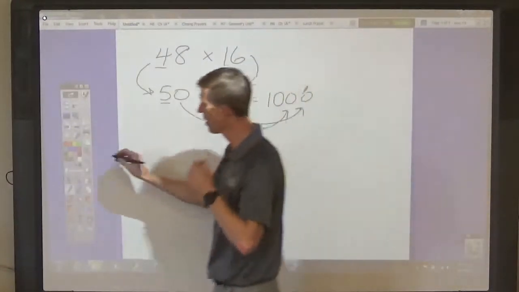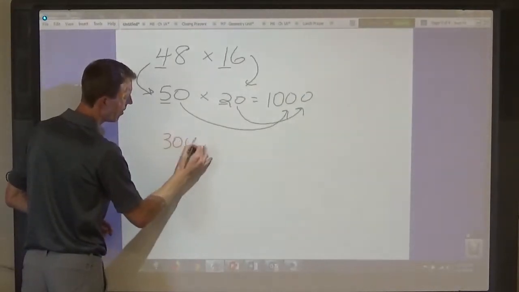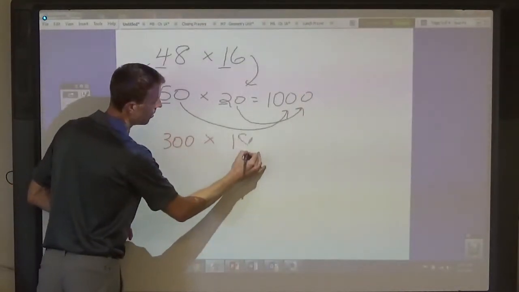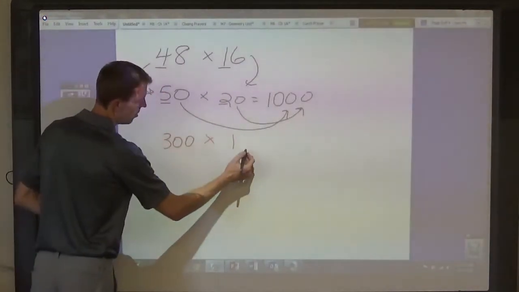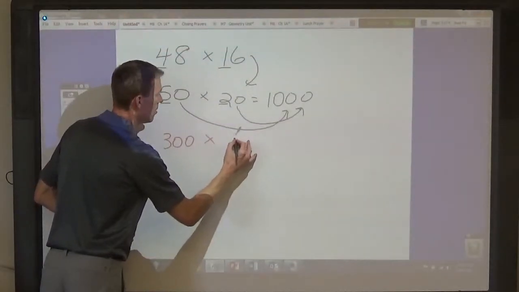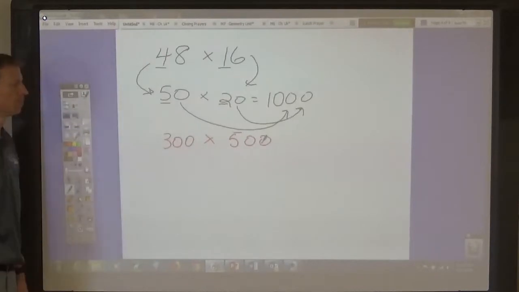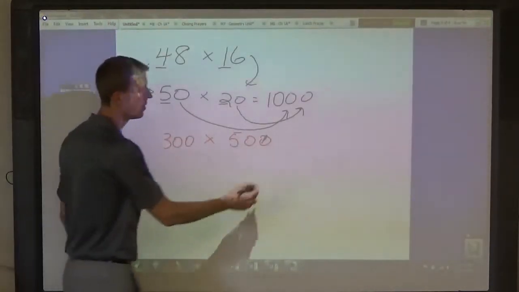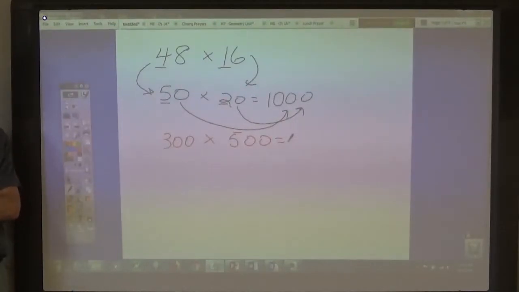Let's try another one. Look at this one. 300 times 500. Let's do that. 300 times 500. How do you multiply big numbers like this?